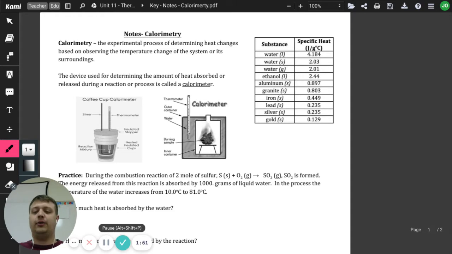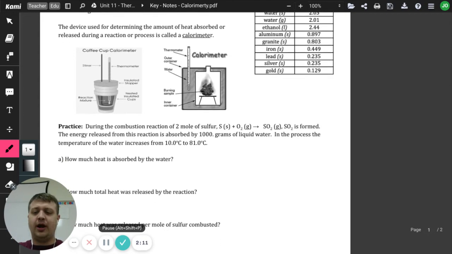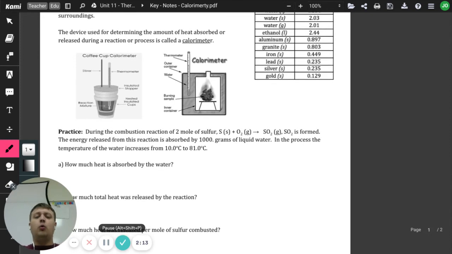The official way would be a more contained environment, typically a metal container of some variety, where we could make sure that no heat is being lost into the air and it's all going into the reaction that we're looking at.